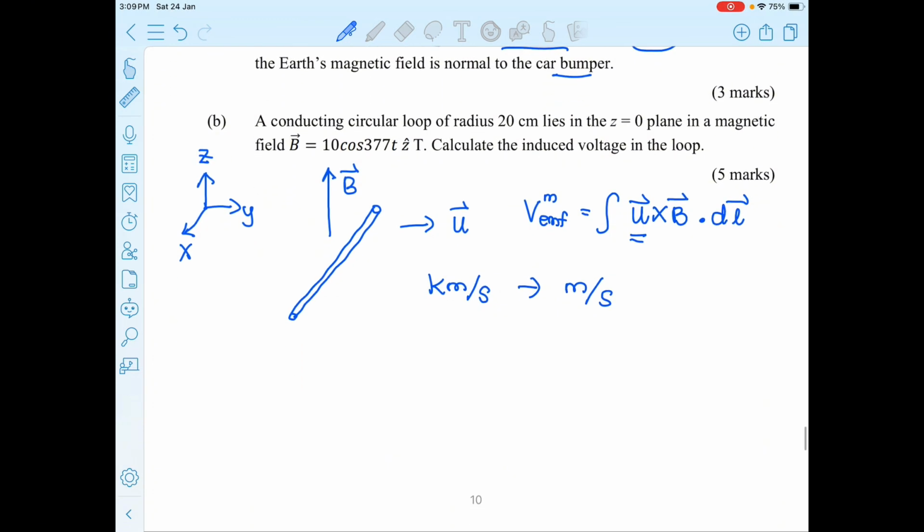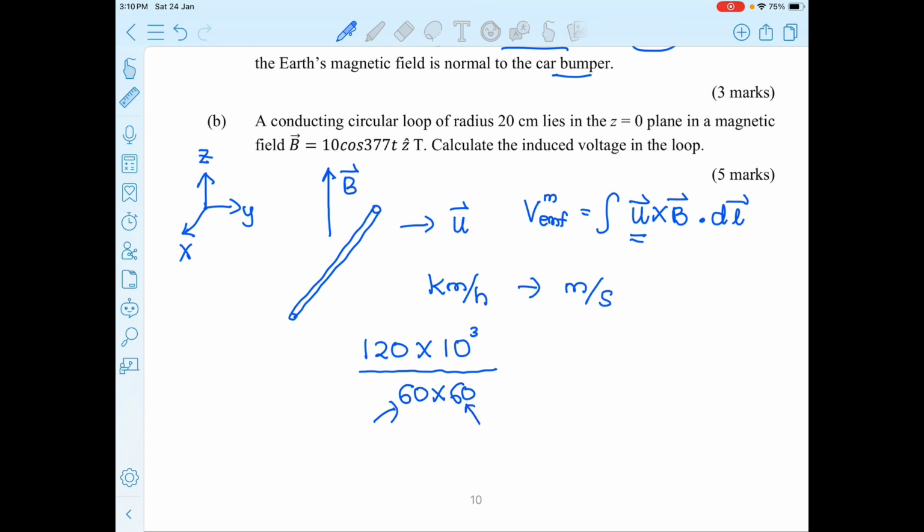How to change this? We take 120 multiplied by k, which is 10 to the power 3, per hour. So you have to divide by 60 times 60, because 1 hour has 60 minutes, and 1 minute has 60 seconds.